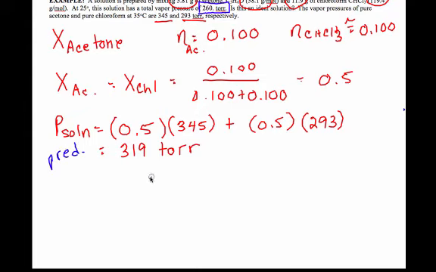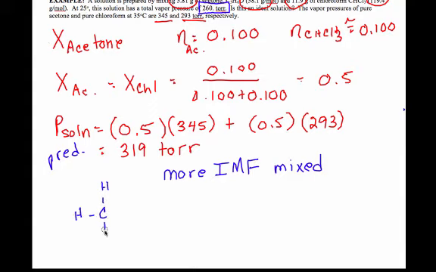And since we have less, we have that negative deviation, we must have more intermolecular forces in our mixture than we anticipated. So let's take a look at their structures, because structure determines function, and you've got to be able to link these. So acetone is the same as propanone.